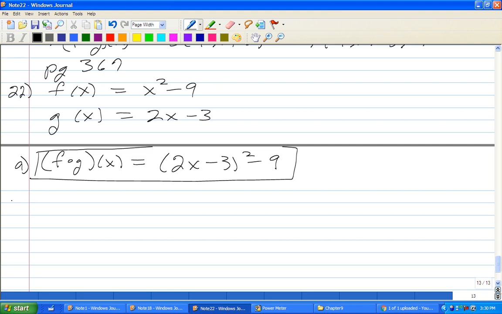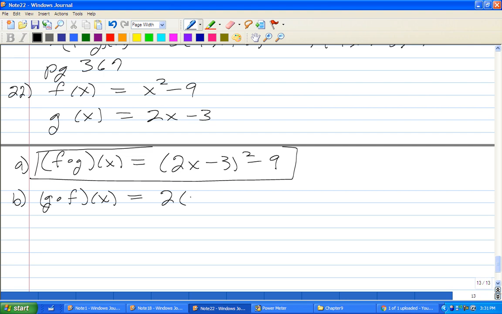Let me do part B. I want to do g composed with f at x. So wherever I see an x in the formula for g, I replace every x by the formula given by f. So wherever I see an x here, I replace x by x squared minus 9.